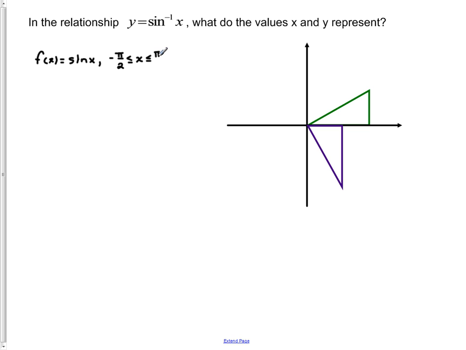And if you recall finding inverse functions, the process went like this. We replaced f of x with y, and of course, everywhere we saw x, we replaced x. So here's what's going to happen.